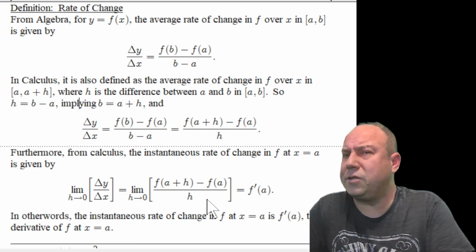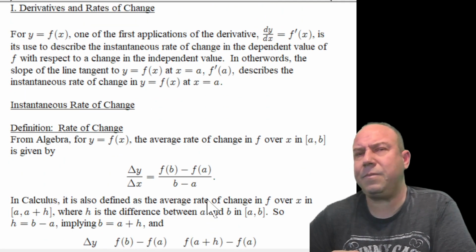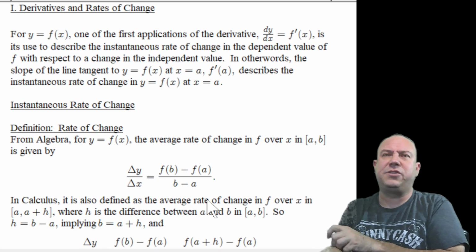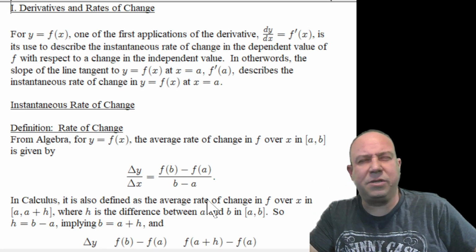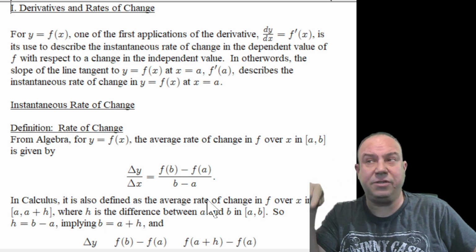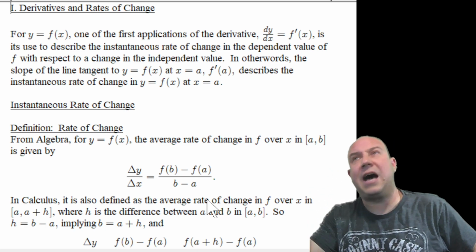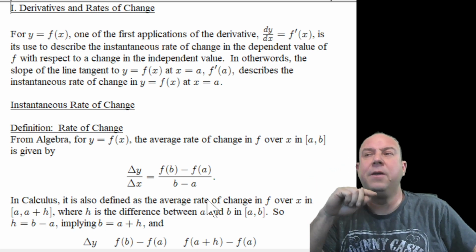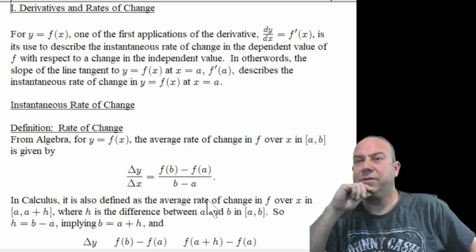That is the first application. Now we're going to take this a little further, folks, with derivatives as rates of change, and we're going to look specifically at instantaneous rate of change in position with respect to time, which is going to give us instantaneous velocity descriptions. And we're going to be looking at instantaneous change in velocity with respect to time, which is going to give us instantaneous acceleration descriptions.